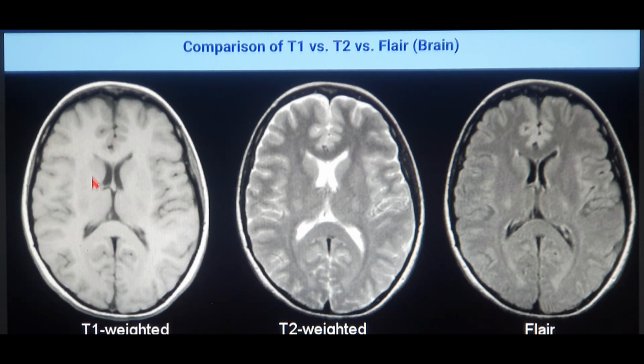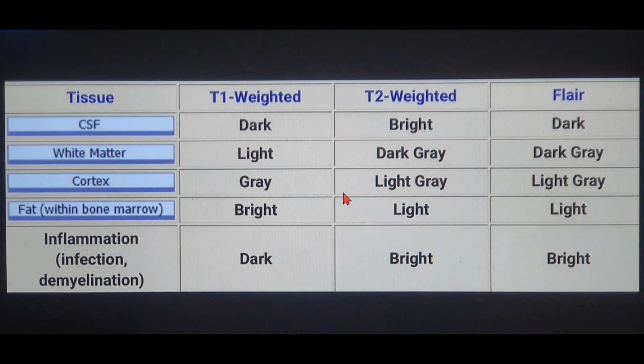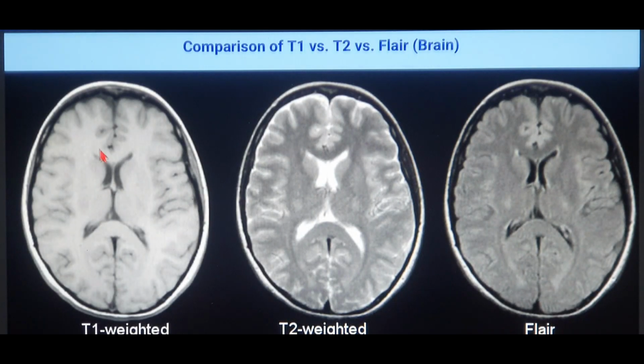As you can see in the T1 weighted image, the white matter is bright white, and as compared to the T2, the white matter is not bright, but actually dark gray. The white matter in T1 will appear bright, and in T2 it will appear dark gray, which is quite evident in this case.